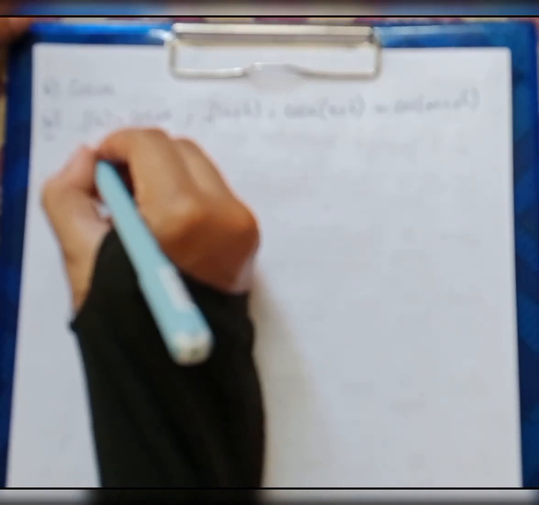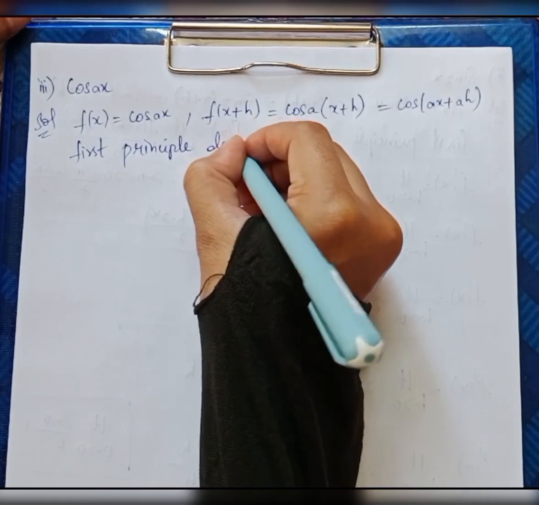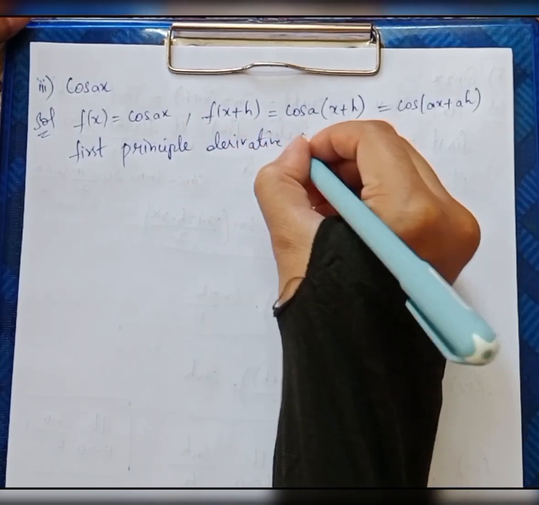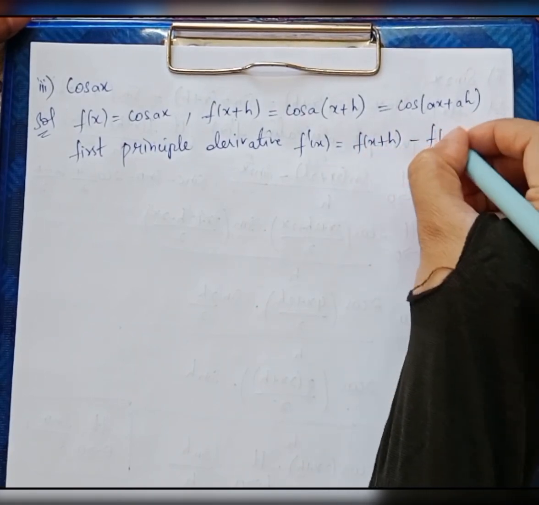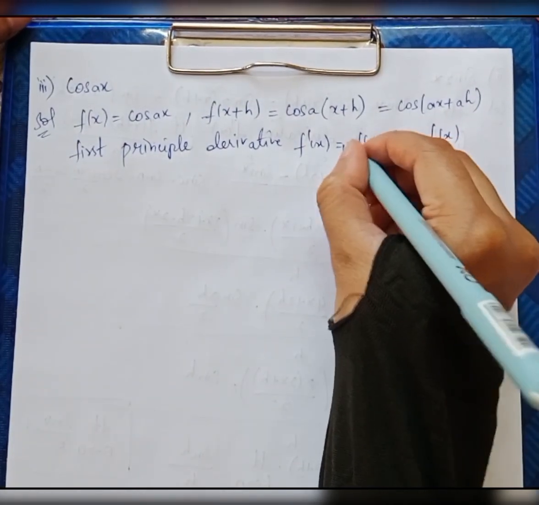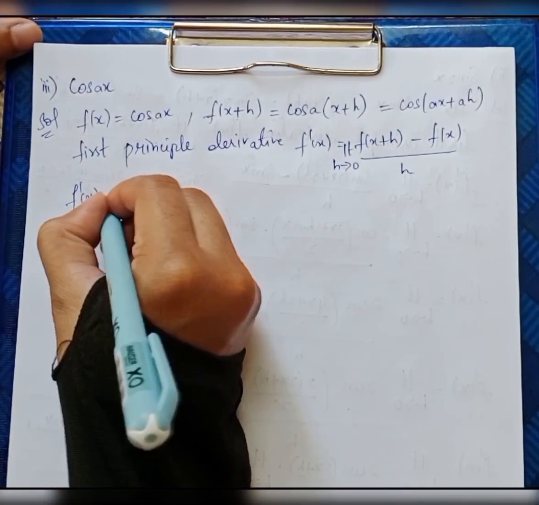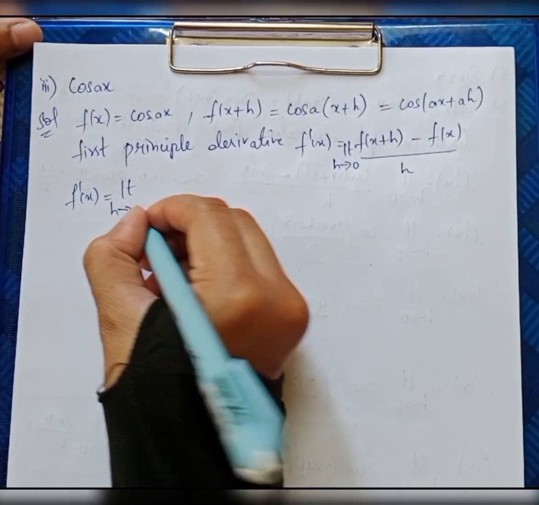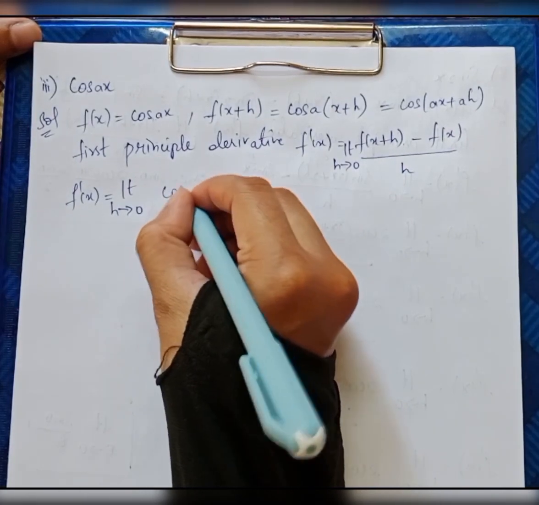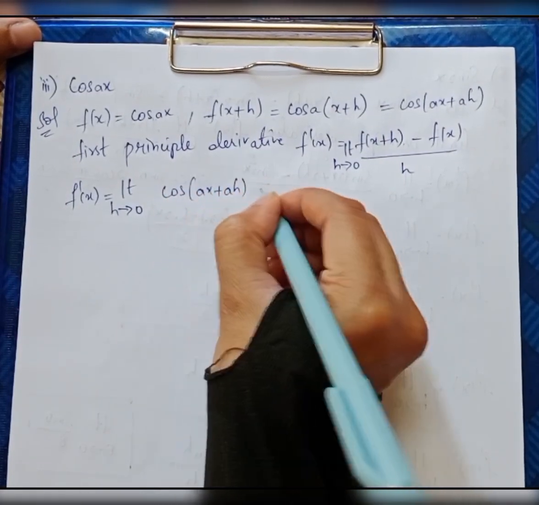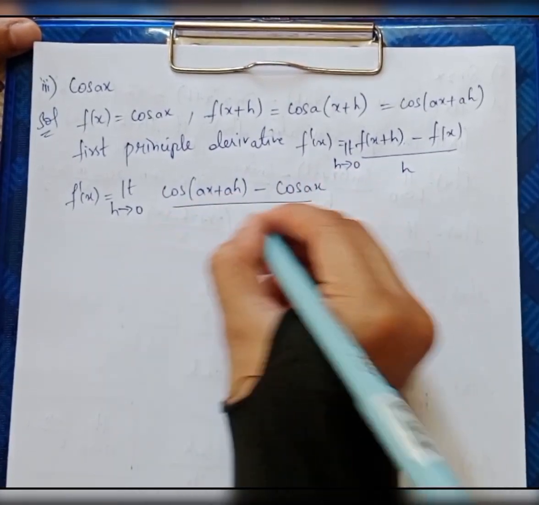Now writing the first principle formula, derivative f'(x) equals f(x + h) minus f(x) by h, with limit h tends to 0. So f'(x) equals limit h tends to 0, substituting the value of f(x + h), which is cos(ax + ah), minus f(x) which is cos ax, by h.